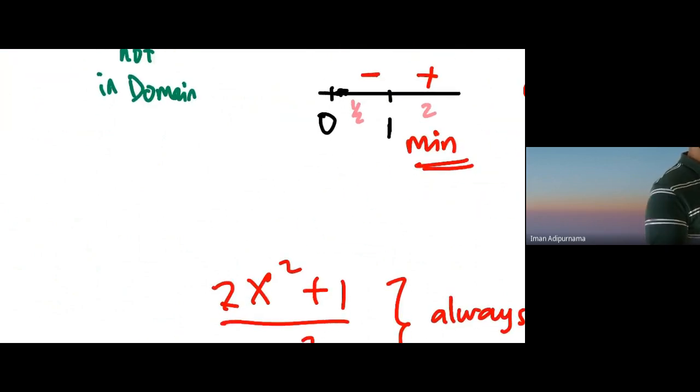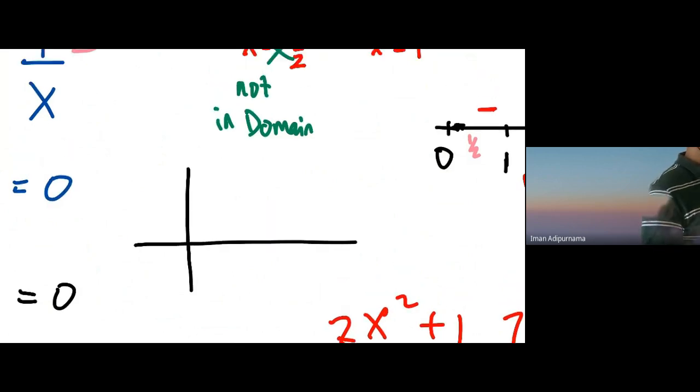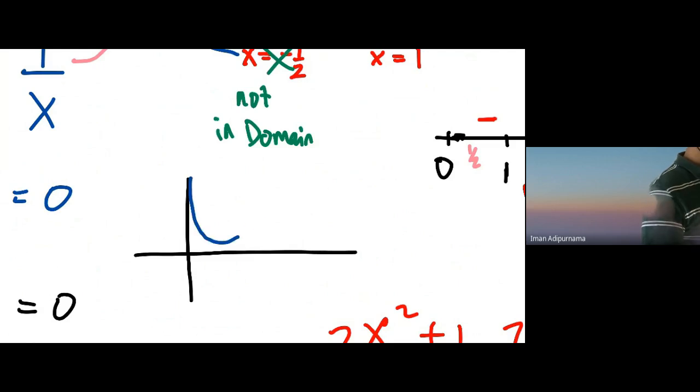If you draw the graph and check with a graphing calculator, the graph will look maybe like this. It's actually like an asymptote, getting closer to 0. And from this graph, we can make sure that there is no inflection point.